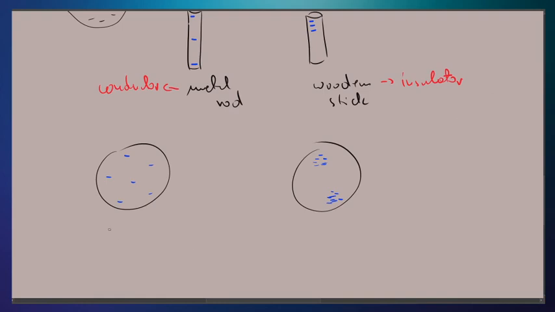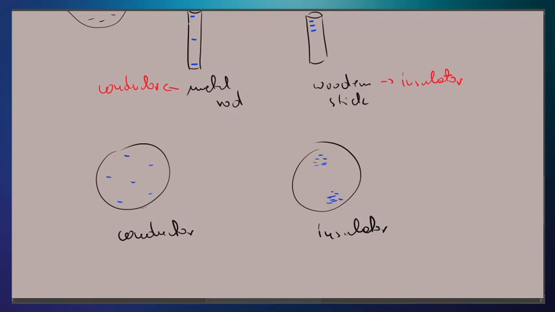It should be pretty obvious that this would be a conductor. It doesn't have to be metal, but this would be a conductor and this would be an insulator. Because here electrons were unable to move all over the place, they're stuck in these two places, and in this case electrons have spread themselves all over the place more or less evenly, so you have a conductor.